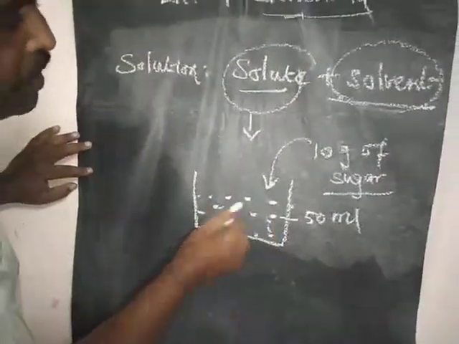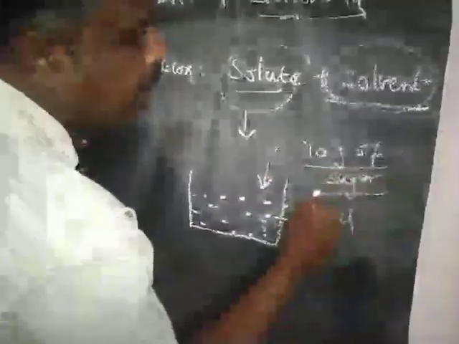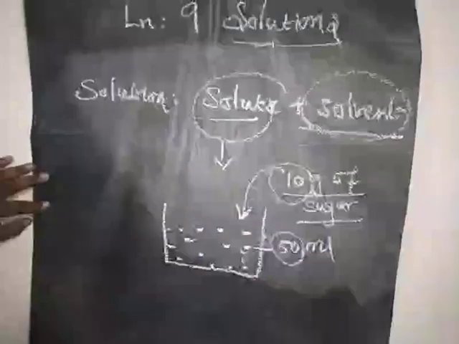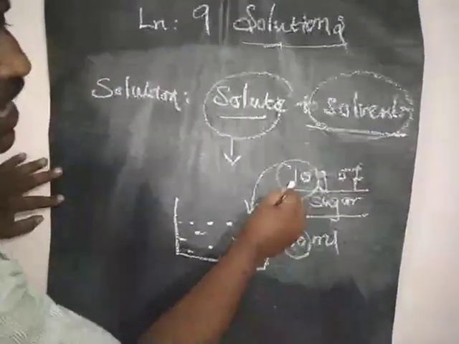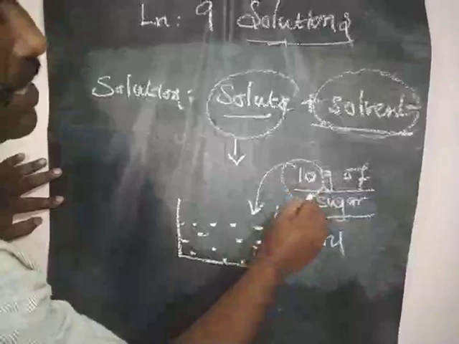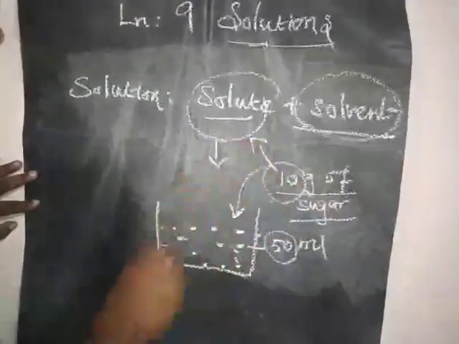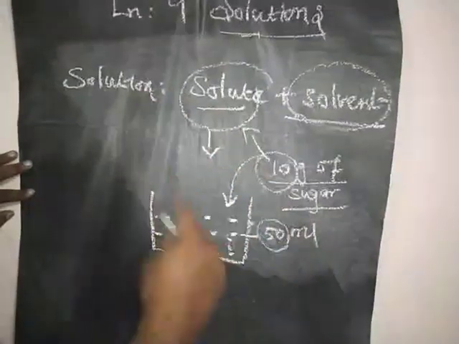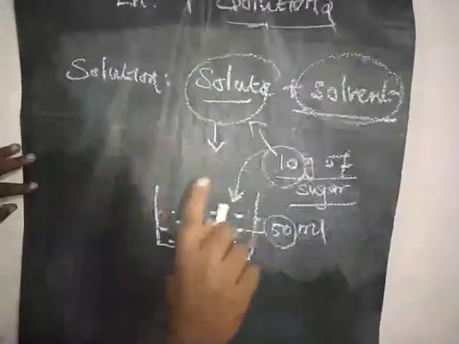In a solution, the component present in lesser amount by weight is called the solute. The solute may be mostly solid, but in some cases liquid or gaseous also.